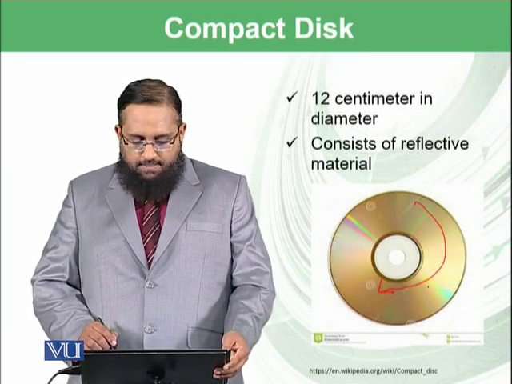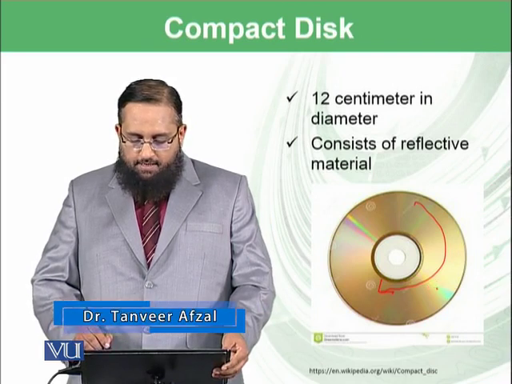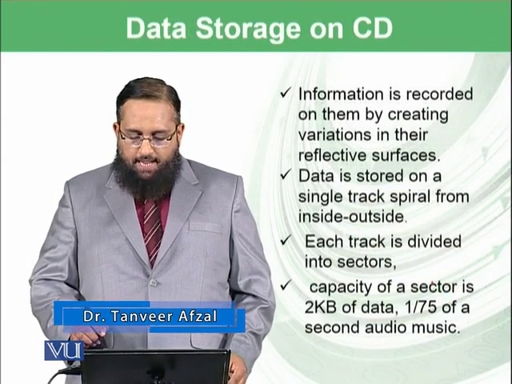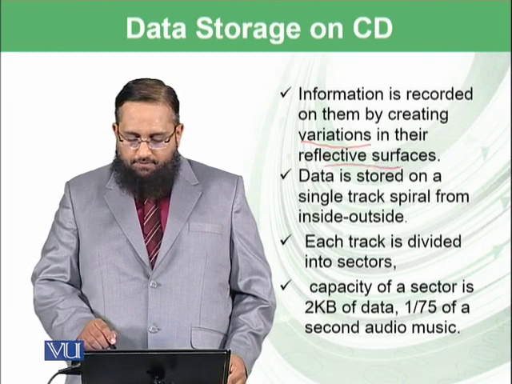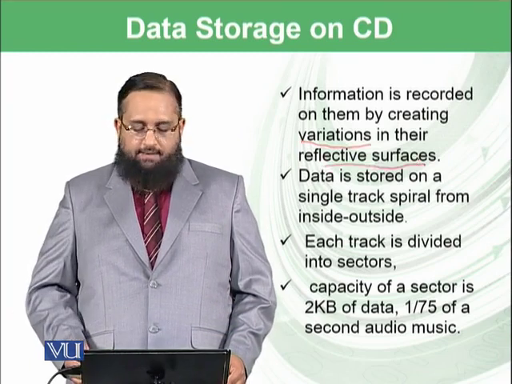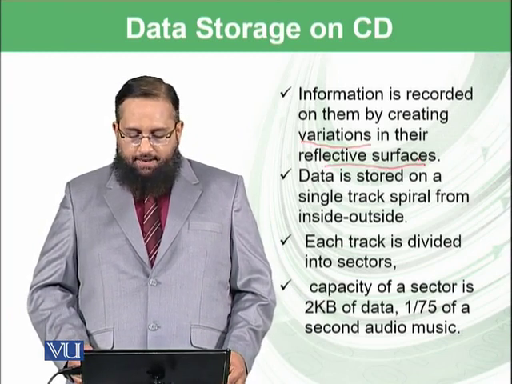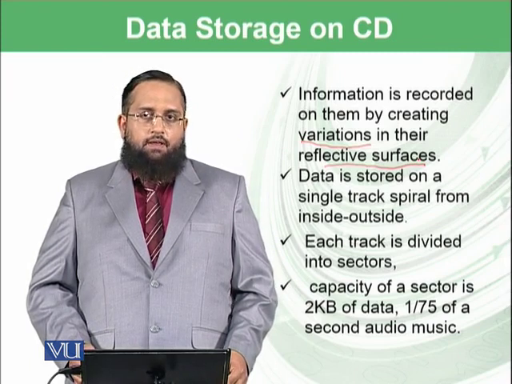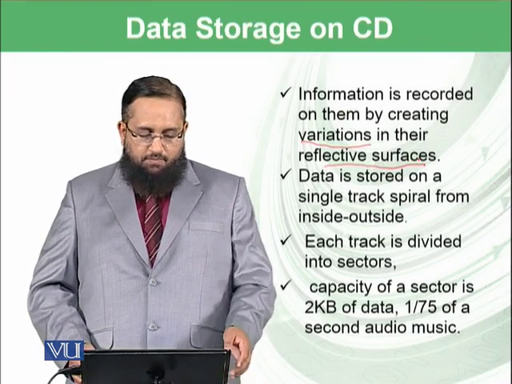To store data on this surface, we create slight variations, and with the help of those slight variations on this reflective surface, we can store data. Data is then stored on a single track spiral from inside to outside. This is different from the magnetic system, which you learned about in the previous module.